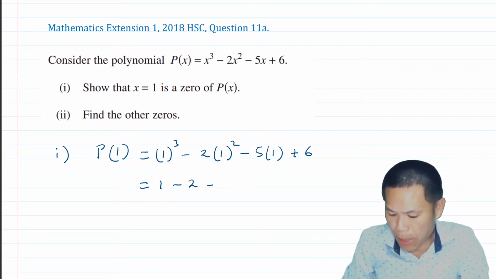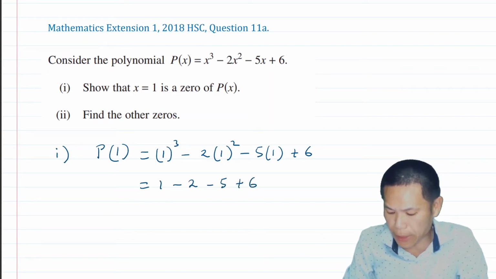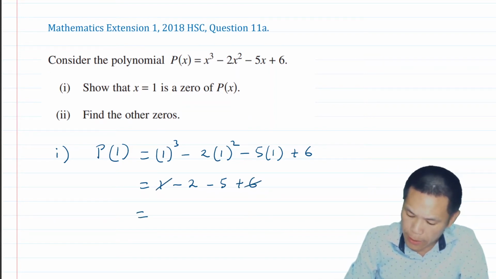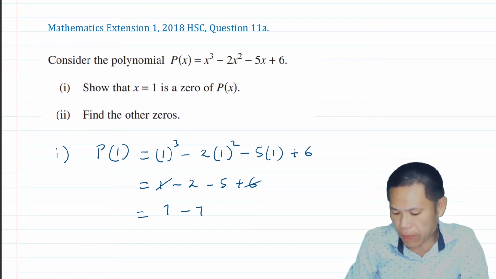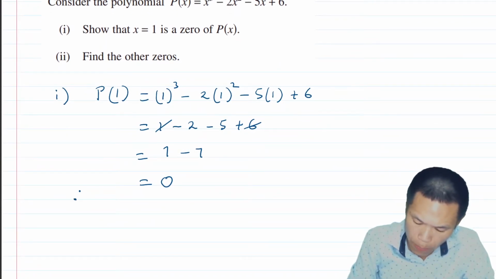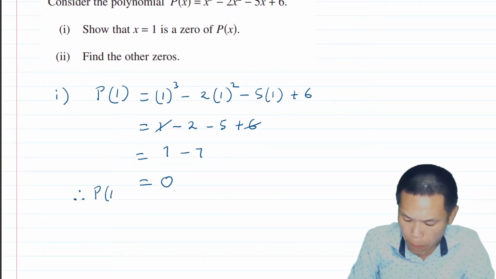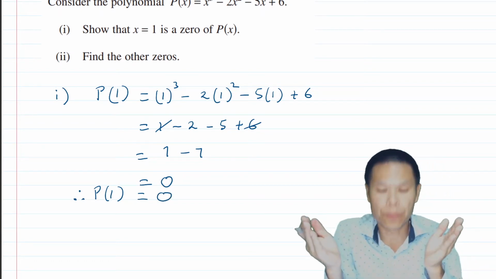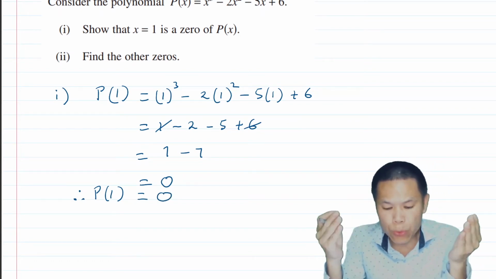And then minus 5 plus 6. And we know that 1 plus 6 is 7, and 7 minus 7 gives me 0. So therefore, P of 1 is equal to 0. There you go.